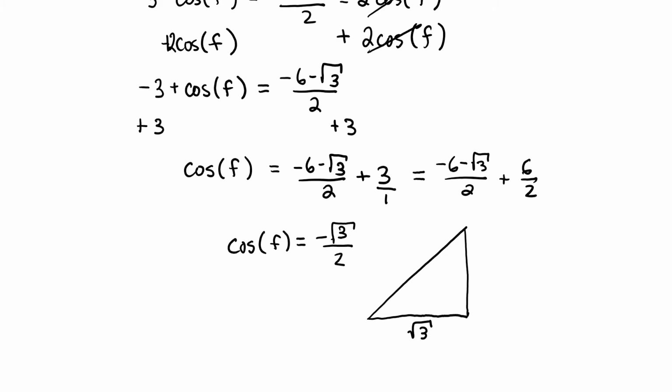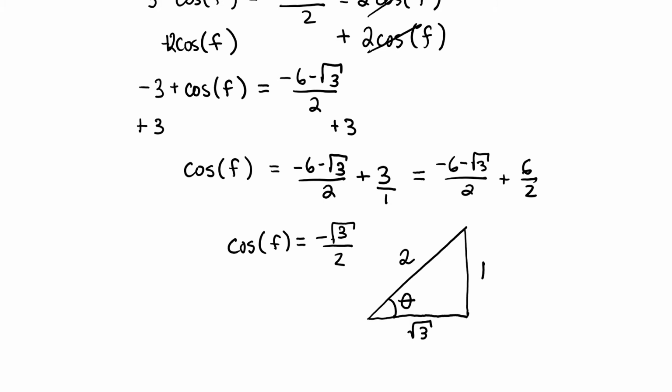So we're going to ignore the negative part right now and just deal with the root 3 over 2. So the adjacent side is root 3, and the hypotenuse is 2. Well, if the adjacent is root 3, that means my opposite side has to be 1, and through the Pythagorean theorem.